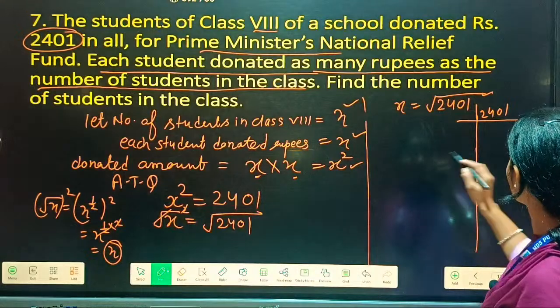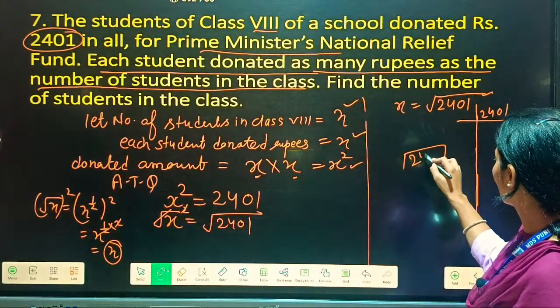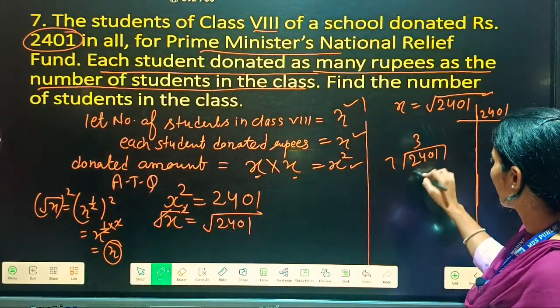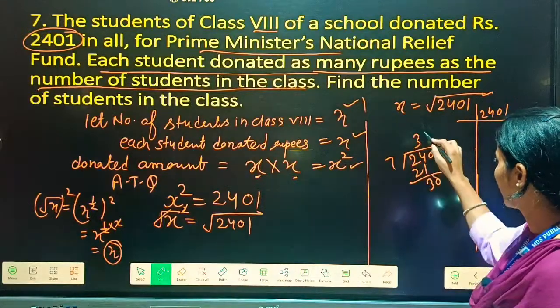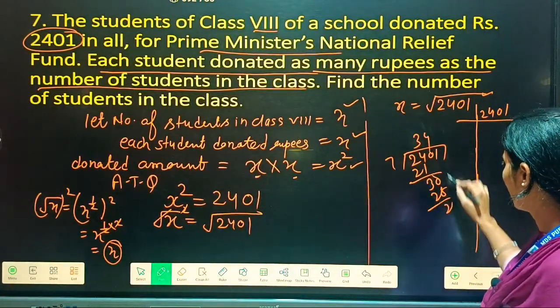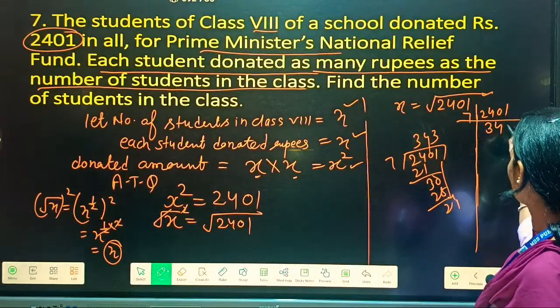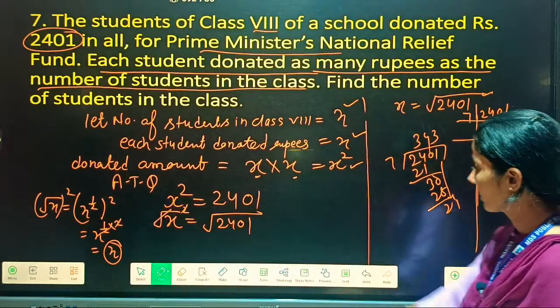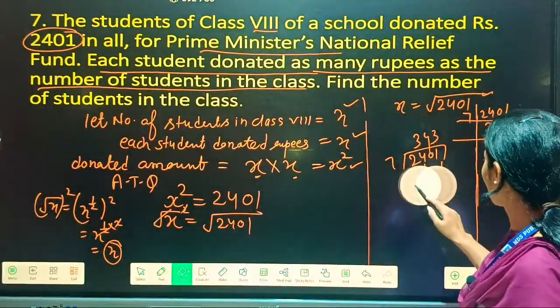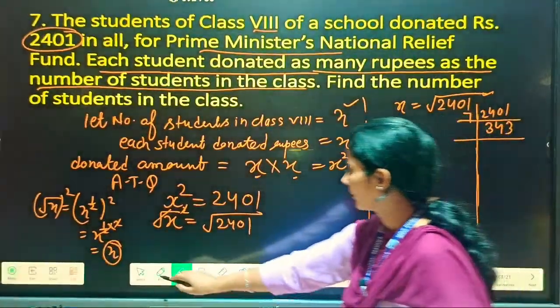Divide. What will it be? 2401: 7 3s are 21, then 3; 7 4s are 28, then 2, and then carry down 1; 7 3s are 21. It is 343. Further it is divisible by 7. You can check with the divisibility rule of 7.